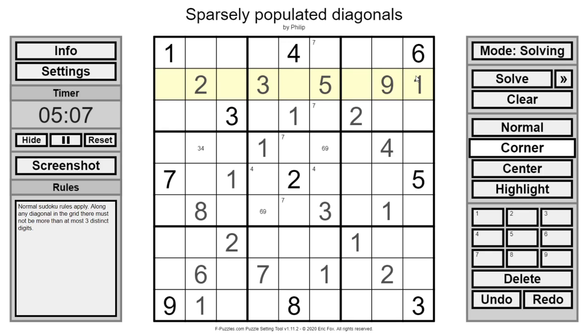Can we work out any of this? Well, we do have 8s colliding in the central box, making this a 4-8 pair. And this must be a 7-5 pair, it looks like.